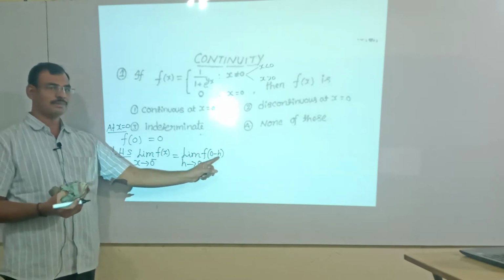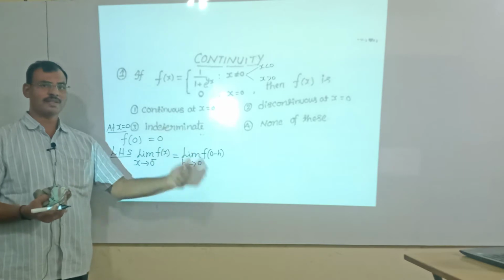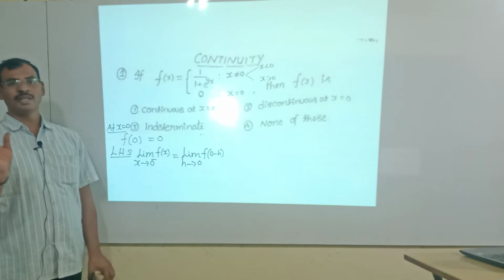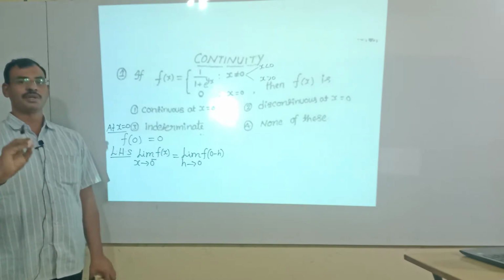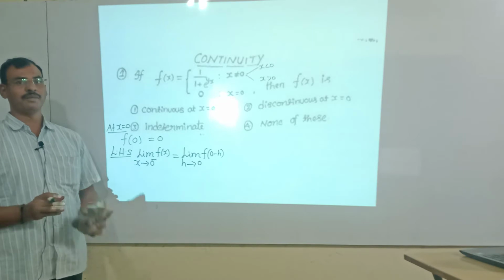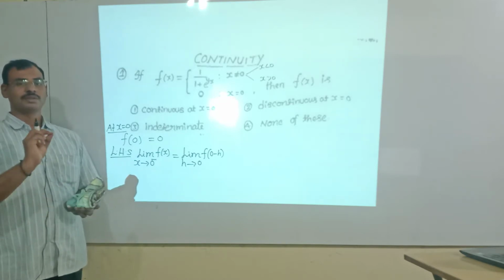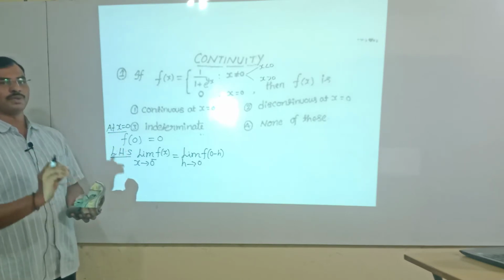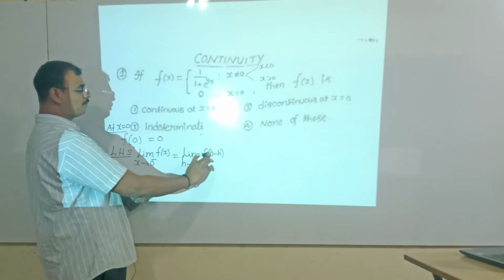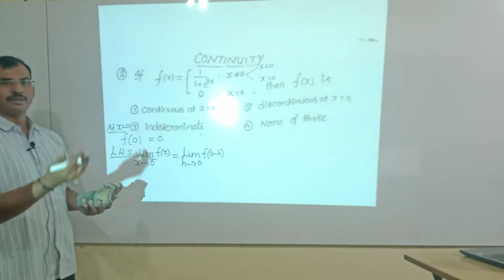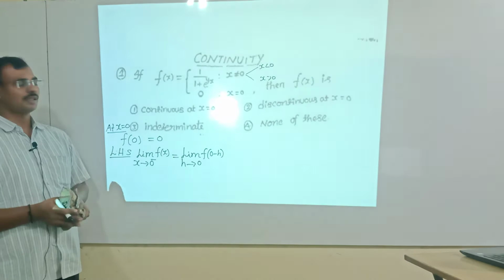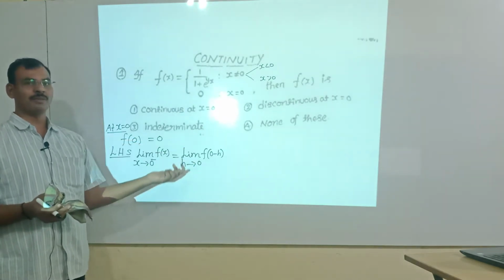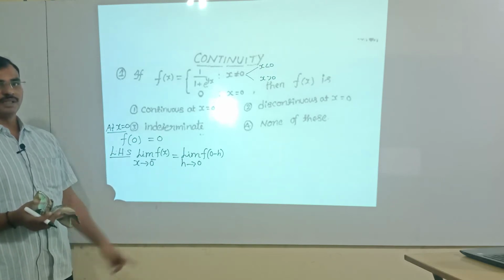If you subtract some h, a very small number, h is a small quantity, it always lies between 0 and 1. So between 0 and 1, you take any small, negligible quantity, and if you subtract it from 0, it will always be smaller than 0. For example, 0 minus 0.1 will always be smaller than 0. It is clear cut.